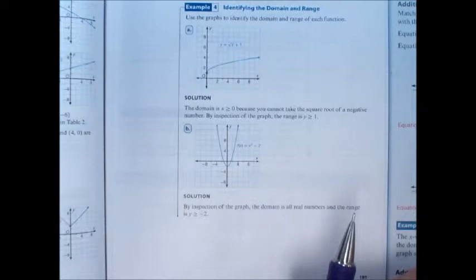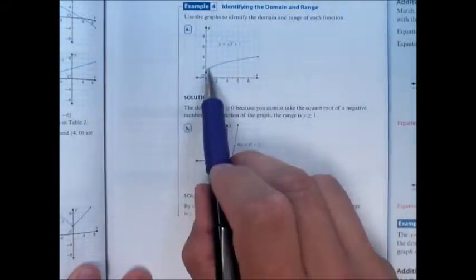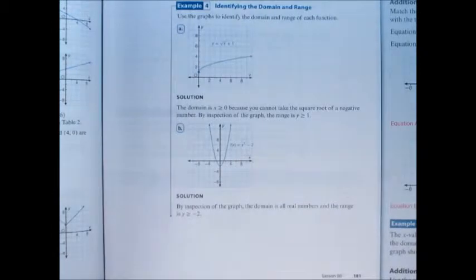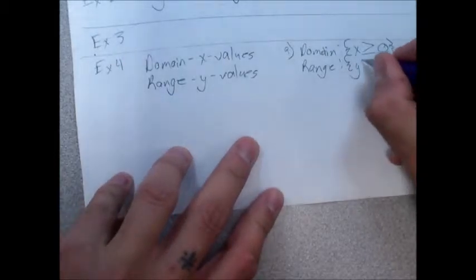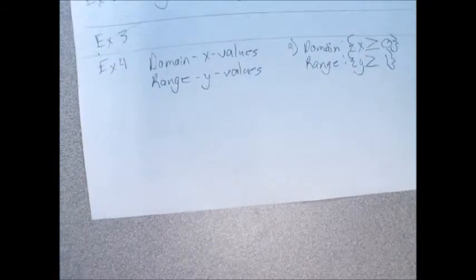You say forever. Forever. I will see it forever on the right because this arrow tells me that it goes forever and ever and ever, and it continues to go up, so I'll always see it. So since it starts at 1 and goes on forever, it's going to be the set of numbers where y is equal to or greater than 1. And there's my range.